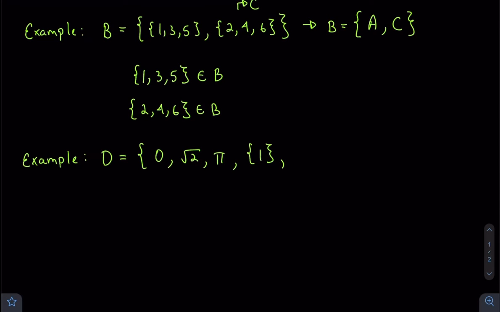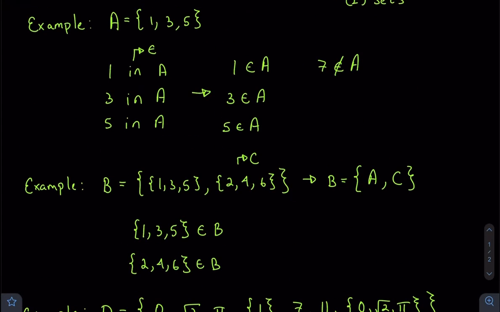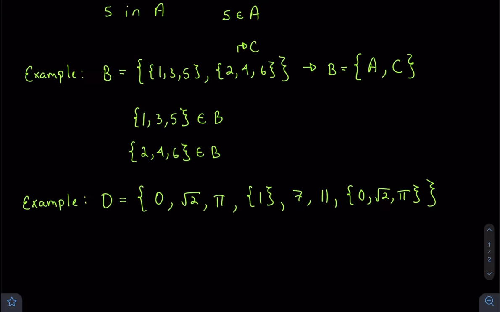It can contain, let's say, 2 more numbers, and it contains another set containing these numbers. Okay, so set D is a little more complex than set A and set B. In fact, it's a hybrid because it contains not just numbers, but also sets.